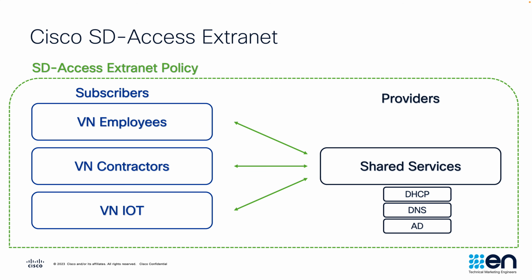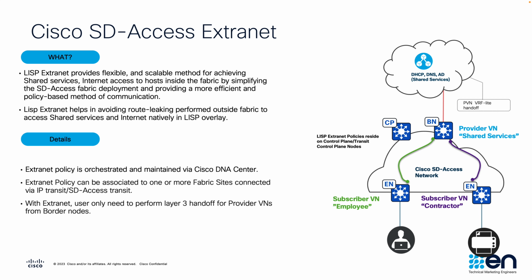Let's dig into it a bit. So what is this extranet? The LISP extranet offers a flexible and scalable approach to grant access to shared services and internet for endpoints within the SD-Access fabric.